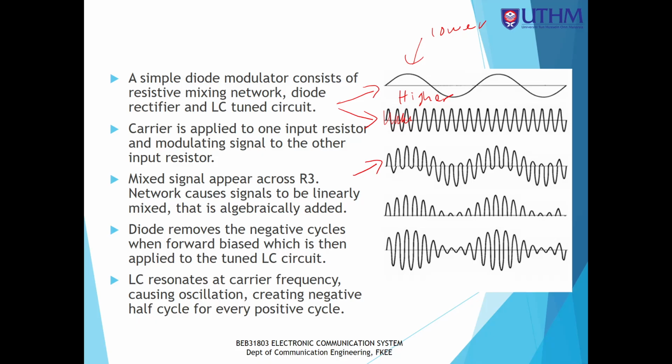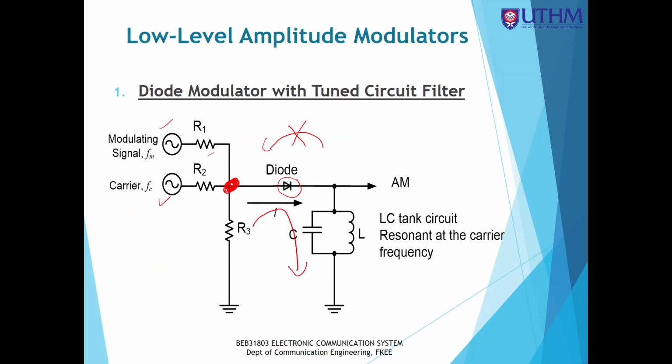Then the signal goes through the diode. Remember that the diode only allows current to flow in one direction only, so the diode is also like an on and off switch.